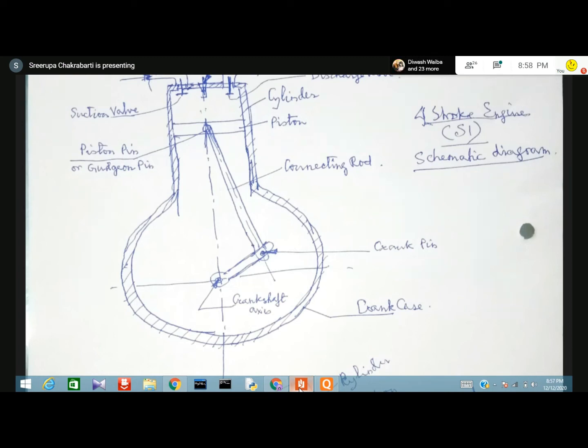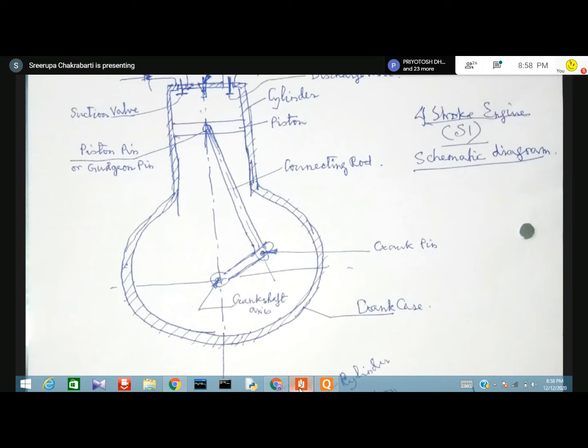I have shown you the valves also, but I have not drawn the flywheel. There is another wheel, called the flywheel. I did not want to complicate this diagram, that's why I have not drawn it. It is a wheel which stores the extra energy during rotation, and supplies that stored power when it is asked for by the engine.